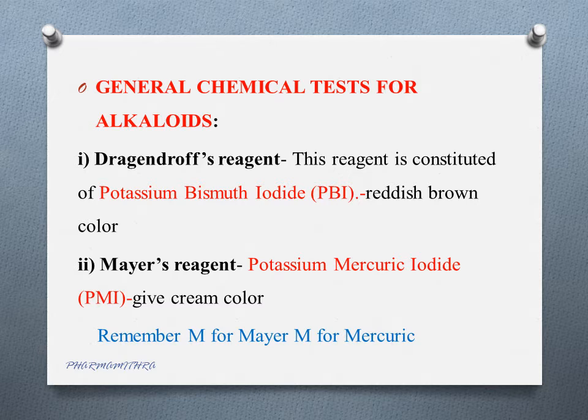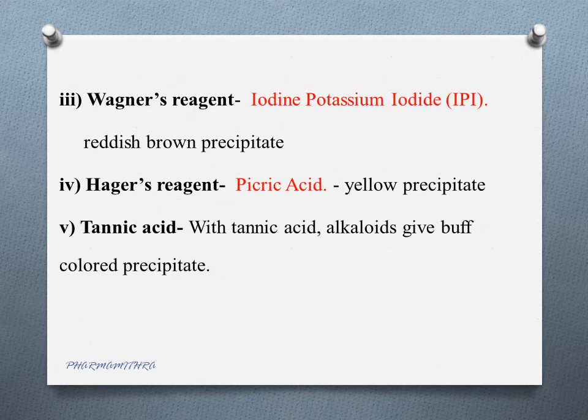Likewise, you have to maintain some tricks to know what is Dragendorff's, what is Mayer's, Wagner's, Hager's, etc. When you hear these words, you can work out which is which. Note that these names are related to alkaloid. Wagner's reagent is iodine in potassium iodide.